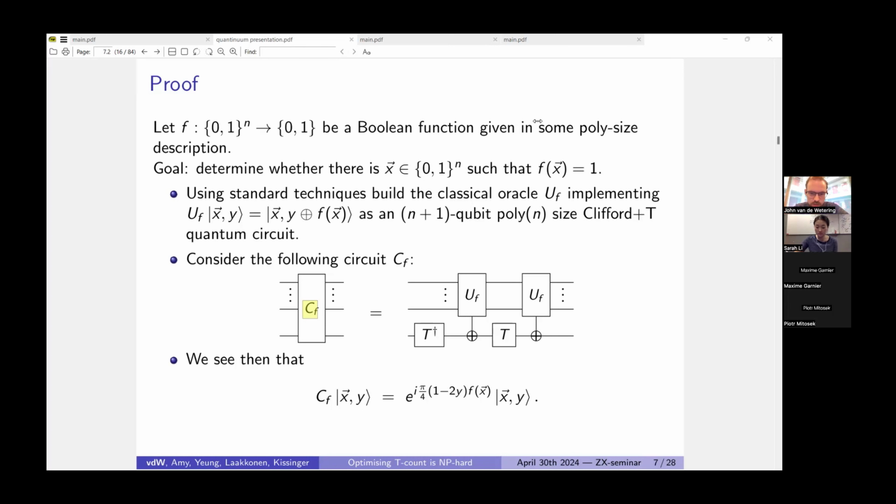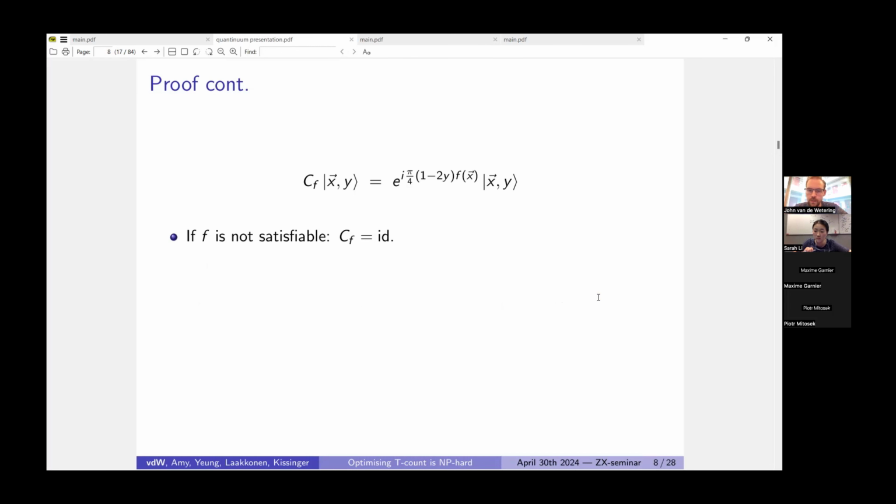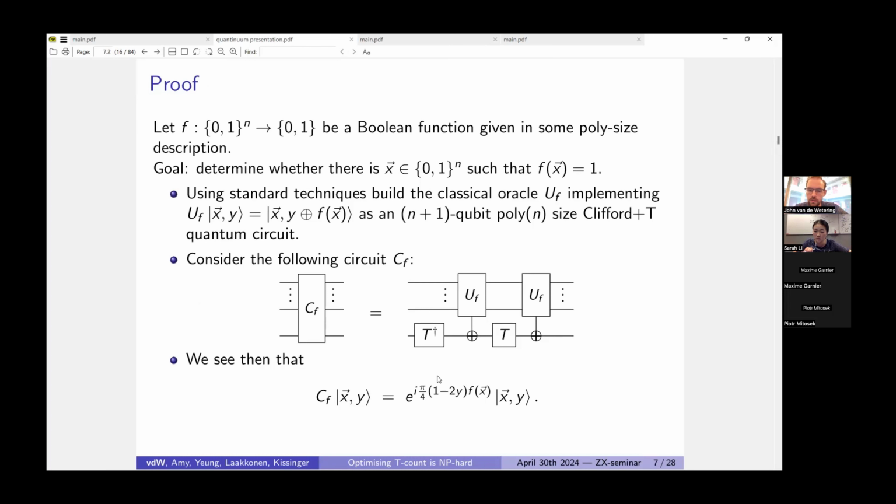I think any is not going to work, but I wonder if we could adapt this argument and say, because we know that if F is not satisfiable, it's identity, and if it's always satisfiable, it is just an S gate. So in that case, the CNOT count is 0. And if it's satisfiable, then you can probably prove it requires at least one CNOT gate. So then if you ask for the optimal CNOT count of this circuit, that should also be able to prove that that's NP hard.